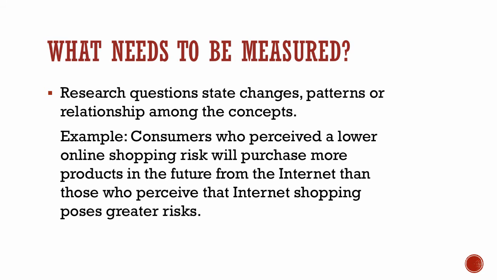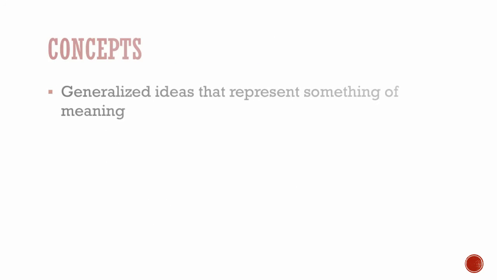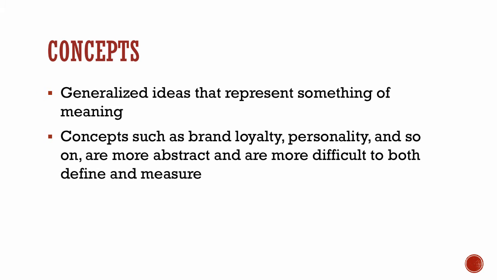In this research question, it shows a relationship between two concepts. Which two? One concept is perceived risk, and the other concept is internet shopping. So, concepts are generalized ideas that represent something of meaning. Some concepts are concrete, for example, age or height.